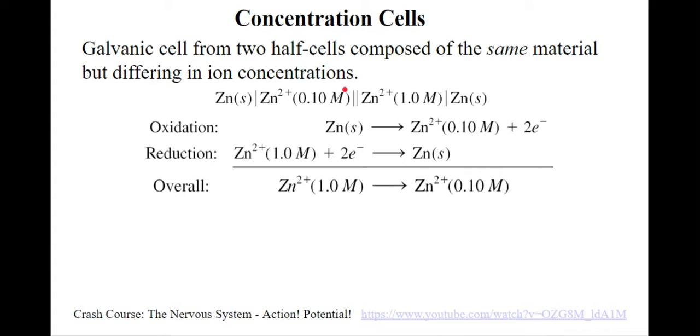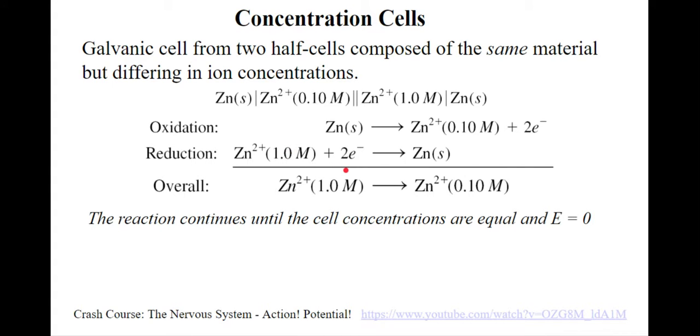Overall, we're going to see that the Zn2+ at the higher concentration is going to get reduced, and the lower concentration is going to get increased. The reaction is going to keep going until the cell concentrations are equal, and only then will E equal 0.